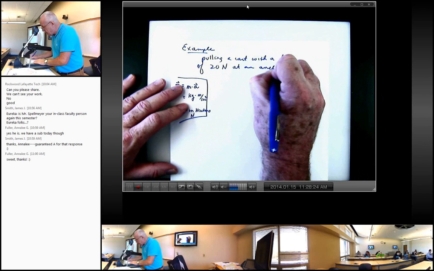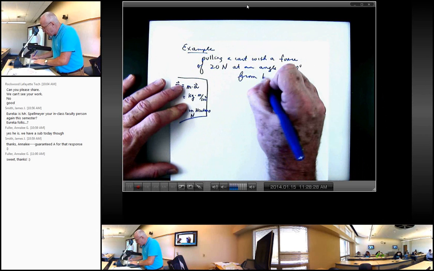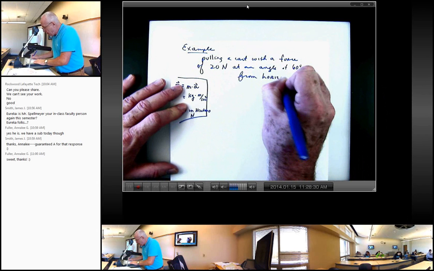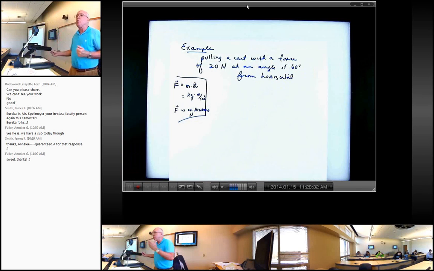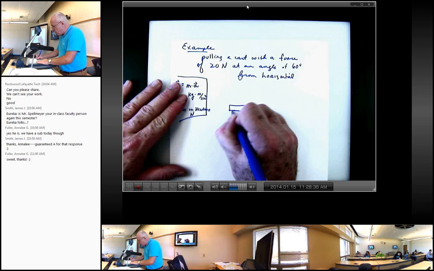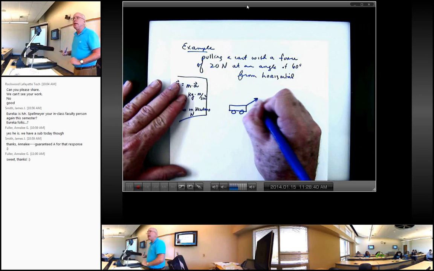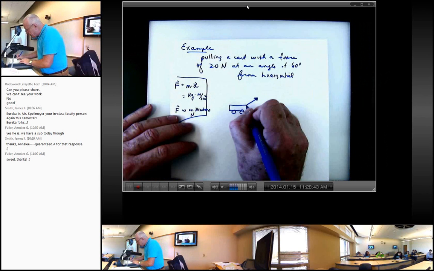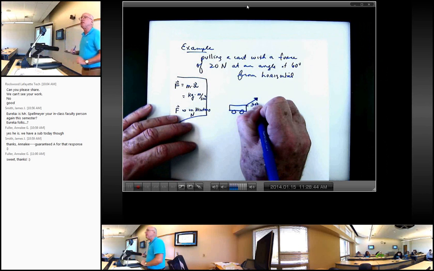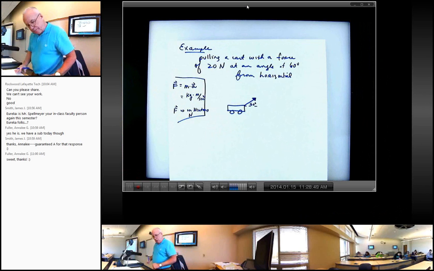So anyway, this is our force, and we're pulling this cart at an angle of 60 degrees from the horizontal. It's just like some little kid with a wagon or something like that. We've got our cart here, we've got our handle here. This handle has an angle of 60 degrees from the horizontal, and we're pulling this cart along.